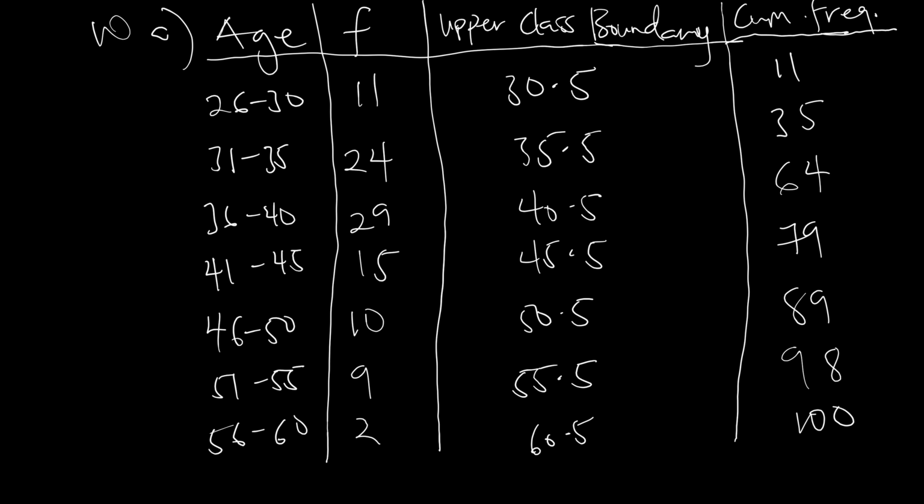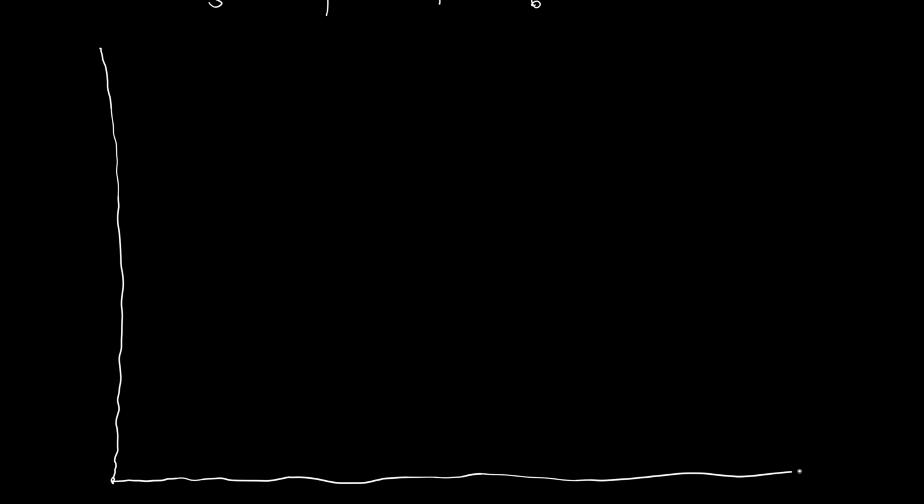Now we are being asked to draw a cumulative frequency curve using this table. So we draw our axes. This will be our y-axis, and this will be our x-axis.